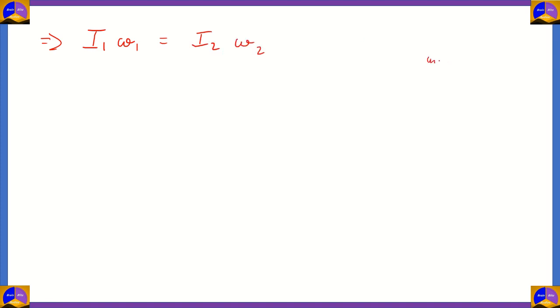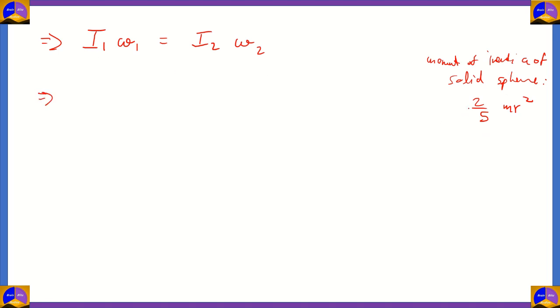Now, the moment of inertia of a solid sphere is 2 by 5 times mr squared. And since the sphere is having the same mass, the mass stays the same.